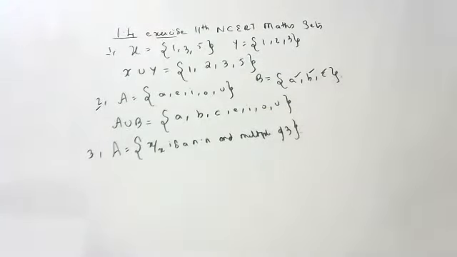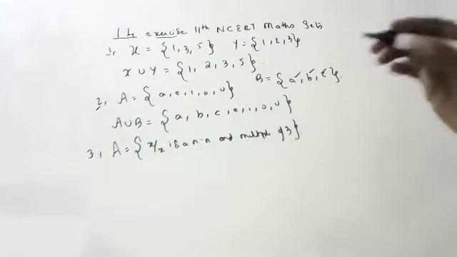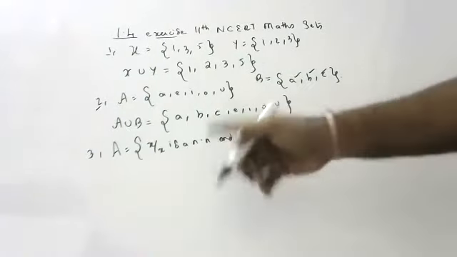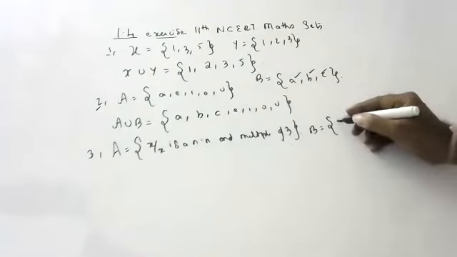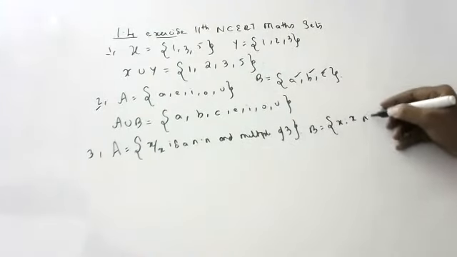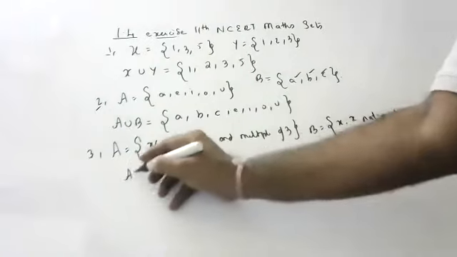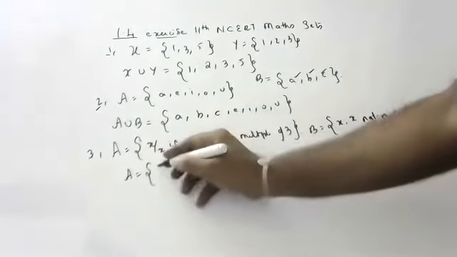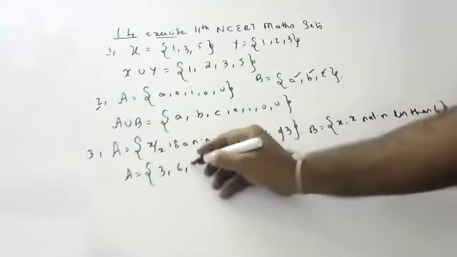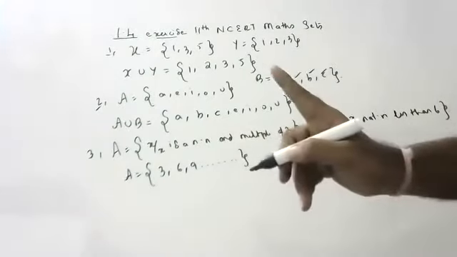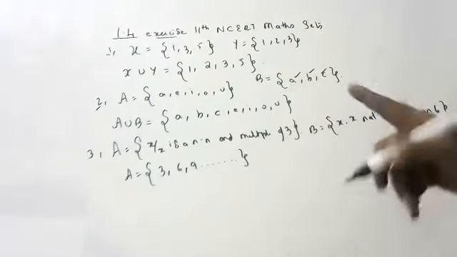So A is 3, 6, 9, 12, and so on, because he did not say till where. We have to write all of them, children.